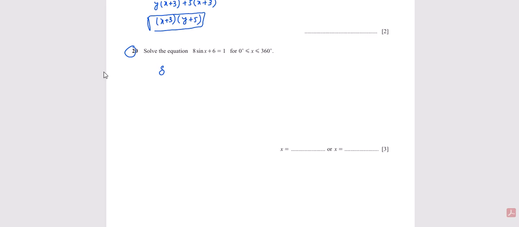Given that 8 sine x plus 6 is equal to 1, this 6 shifts to the other side. 8 sine x is equal to 1 minus 6. 8 sine x is equal to minus 5.